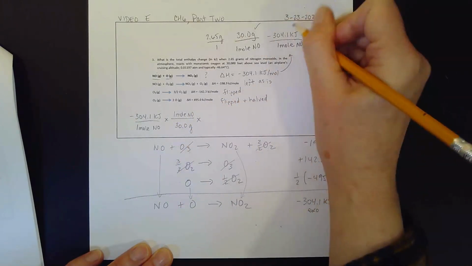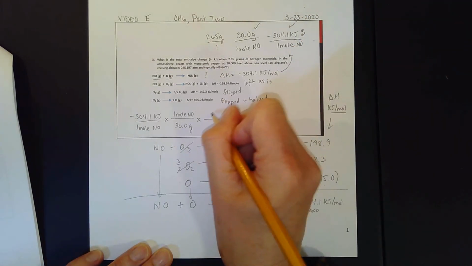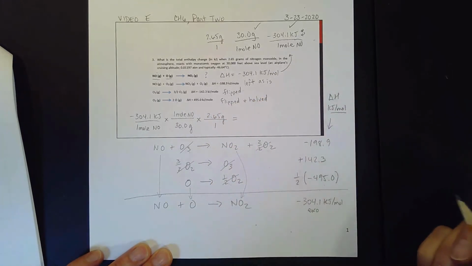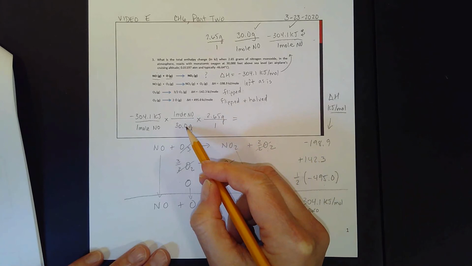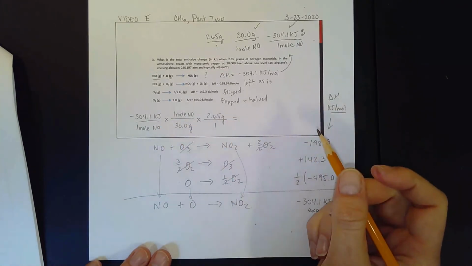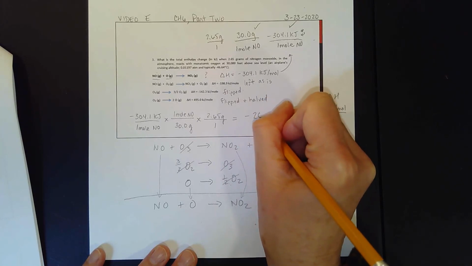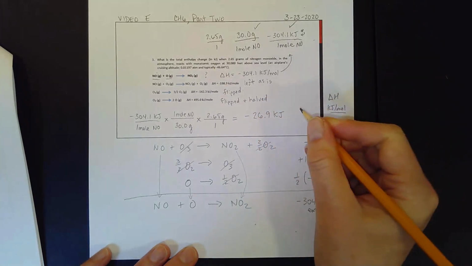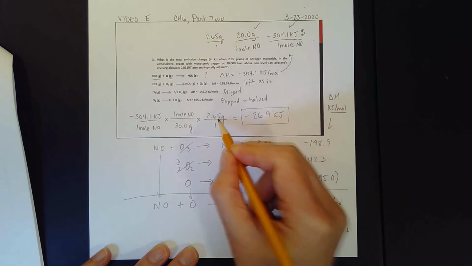So I've used this and I've used this, and now I'm going to use my 2.65 grams. Note that I'm going to have 3 significant figures. I have 3 here and here. Here I have 4, but I'm limited to 3. So my answer turns out to be negative 26.9 kilojoules, not per mole, but per 2.65 grams.